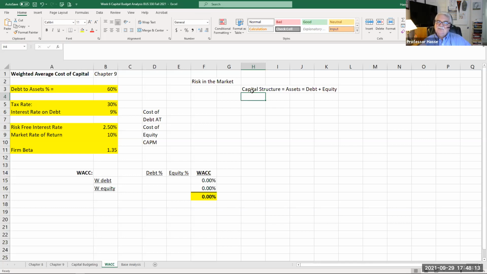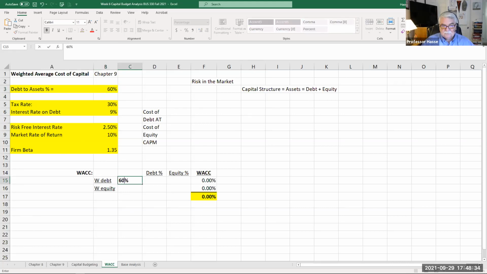Well, in corporations, it's a little bit different, but it's the same thing again. What percent of the company is in debt? What percent is in equity? For this company in our example for tonight, this company is 60% debt to assets.